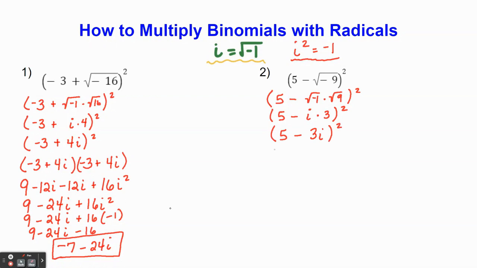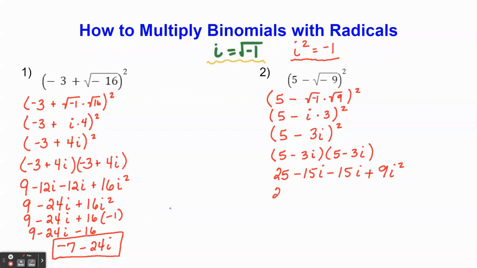So we'll rewrite it twice so that we multiply that parentheses by itself. And then let's use the distributive property or the FOIL method. Either one works. 5 times 5 is 25. 5 times -3i is -15i. -3i times 5 is -15i. And -3i times -3i is 9i to the second.